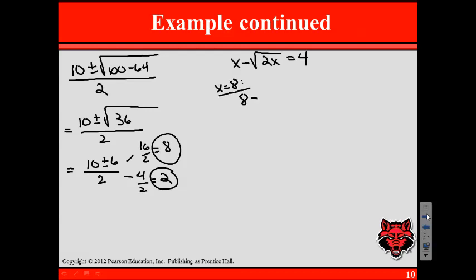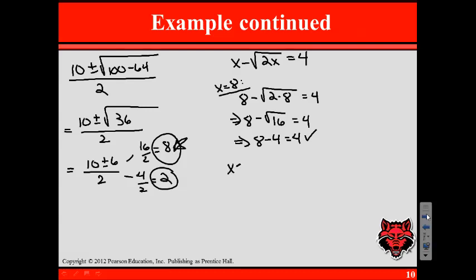That will give us 8 minus the square root of 2 times 8 equals 4, or 8 minus square root 16 equals 4. 8 minus 4 does equal 4. Good. So x equals 8 is a good solution.